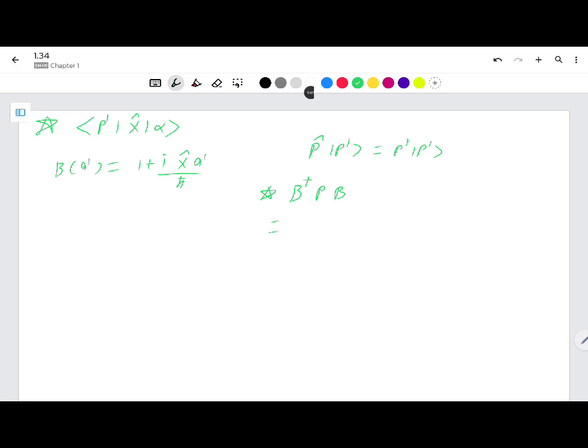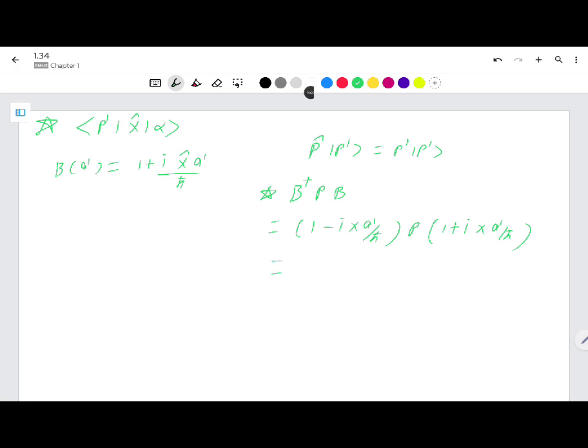So B dagger is 1 minus i X dp prime upon h bar, and B is 1 plus i X dp prime upon h bar.